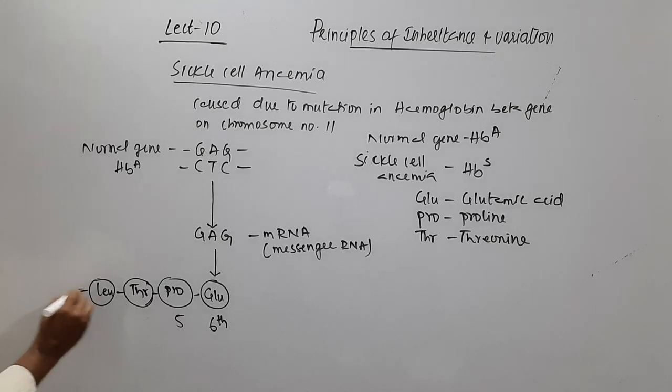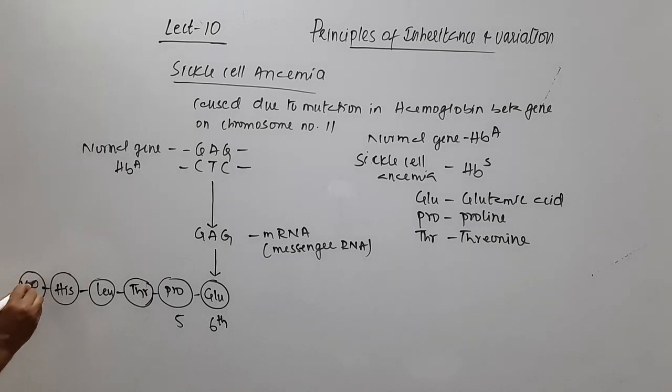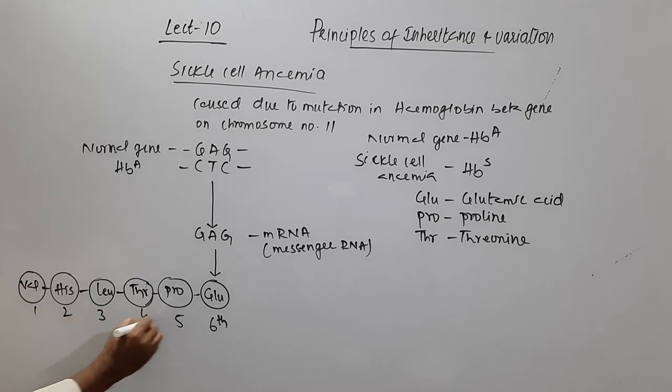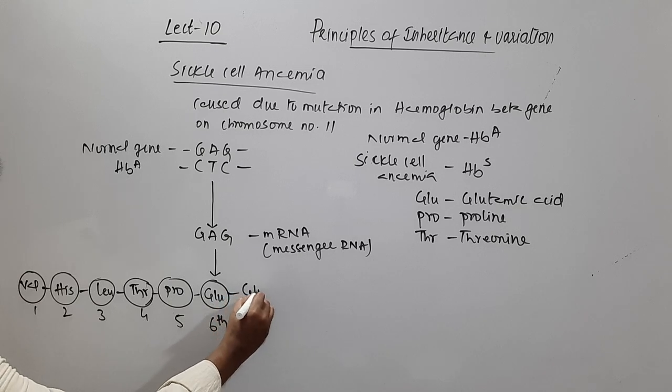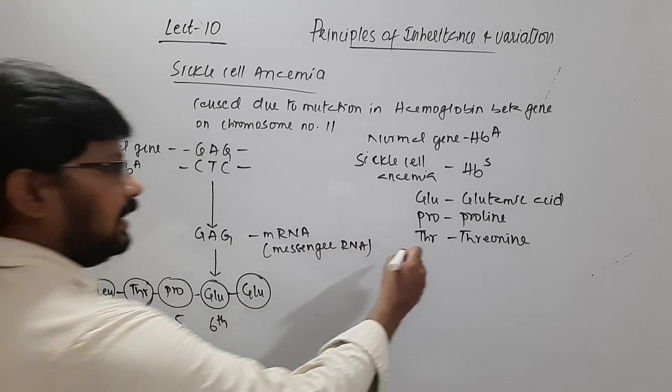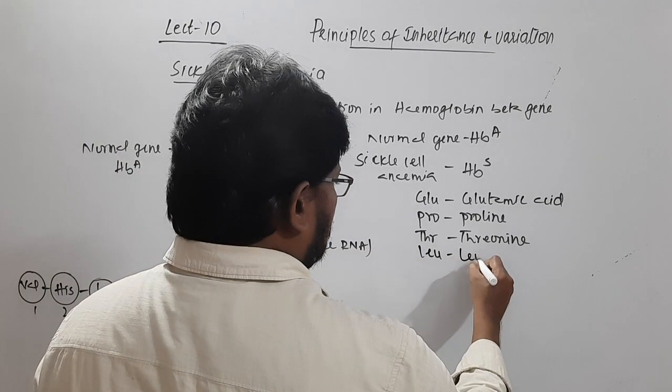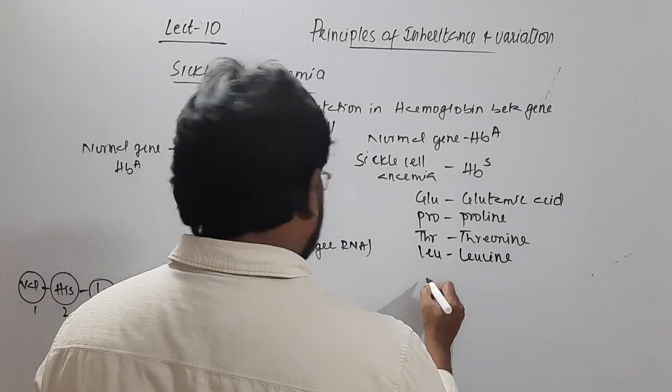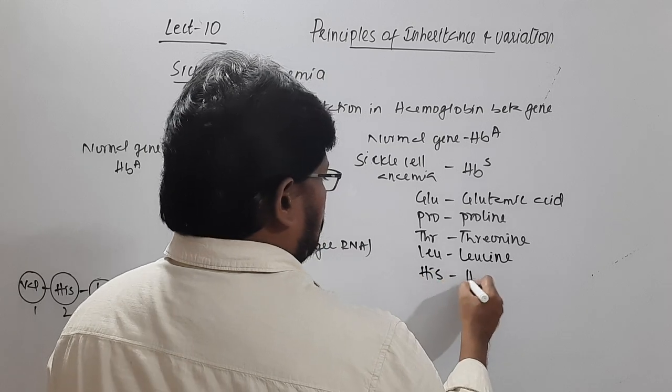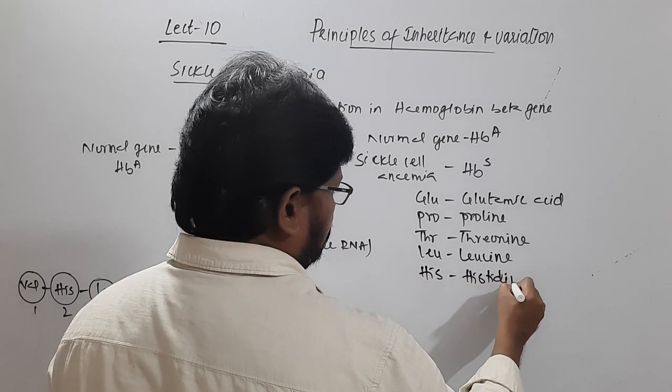Then histidine is another amino acid, and the first one is valine. So 1 2 3 4 5 6, and the seventh one is also glutamic acid. LEU is leucine. Then HIS, histidine.